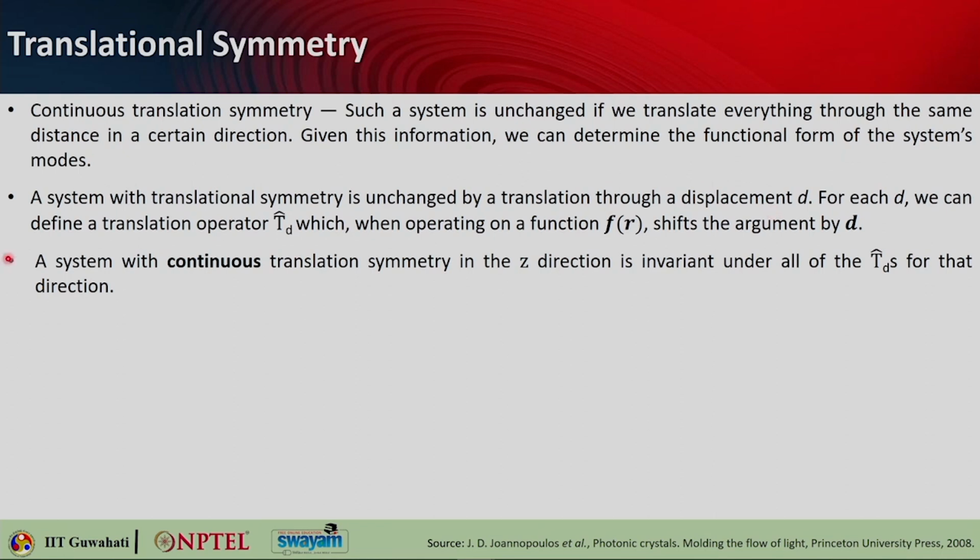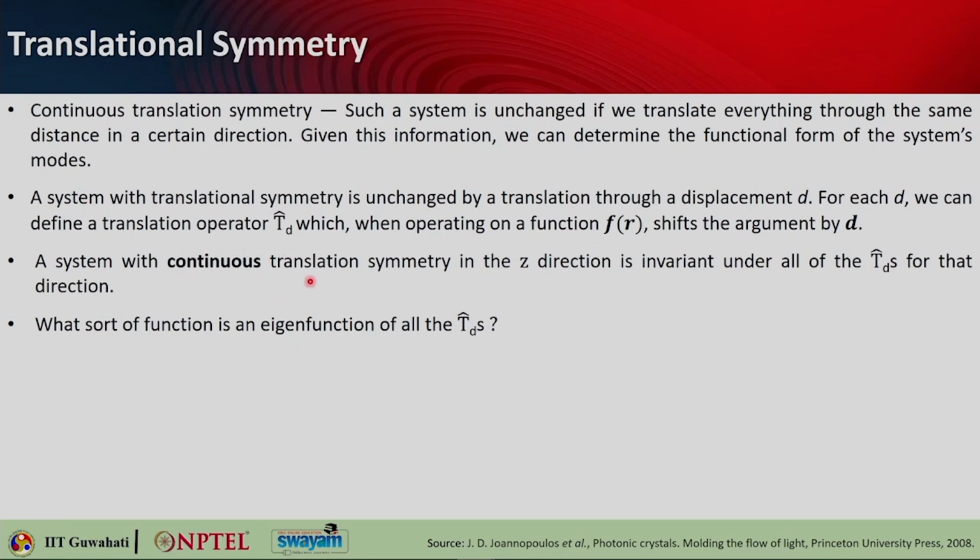Now for each d we can define a translation operator T_d cap, which operates on a function f(r). If you operate this T_d cap on a function f(r), it will shift the argument by the distance d. And what do we want? We want, after the translation, it to be the same as the original system.